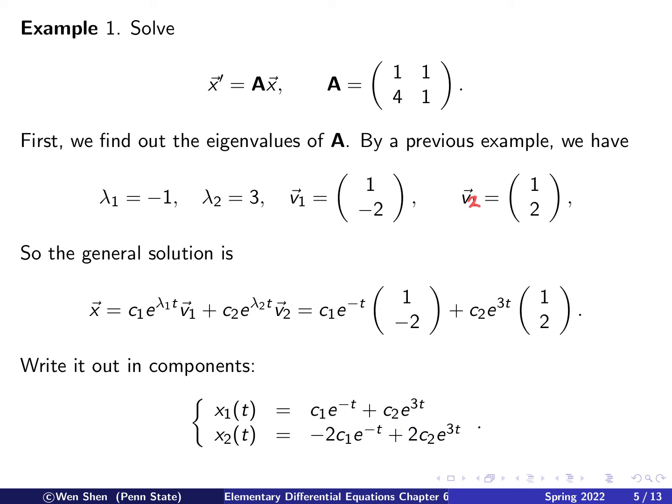And for the second component, x2 of t, you take the second component of these two eigenvectors. So for this one you multiply with negative 2, and for this one you multiply with 2 and you add up.